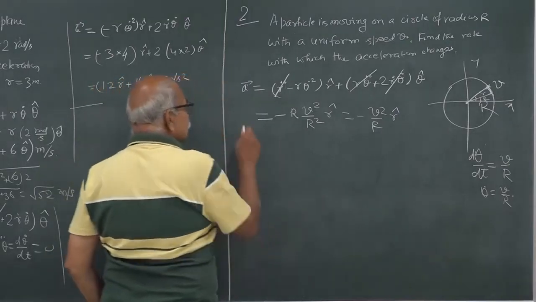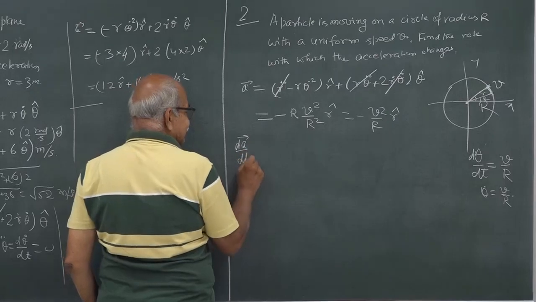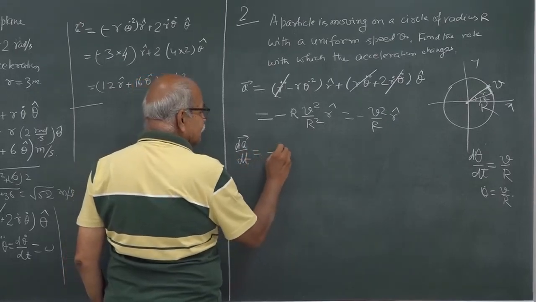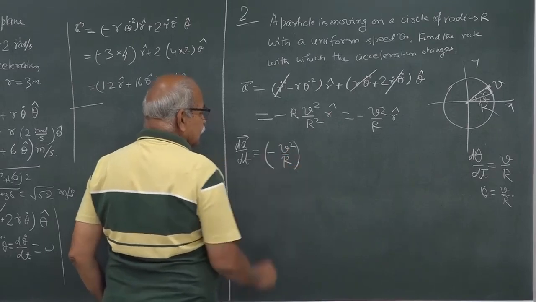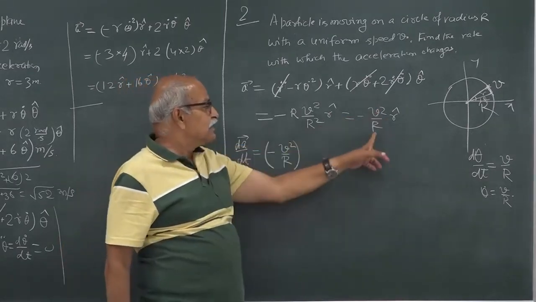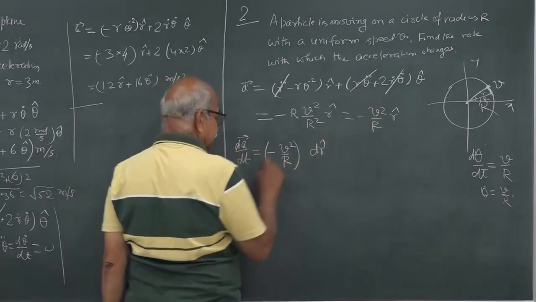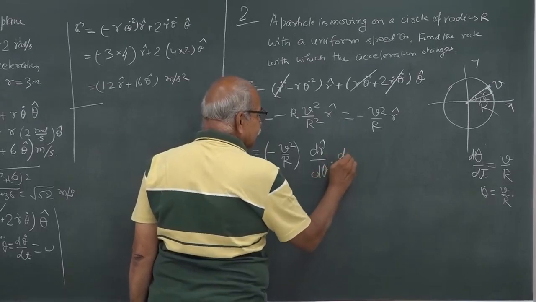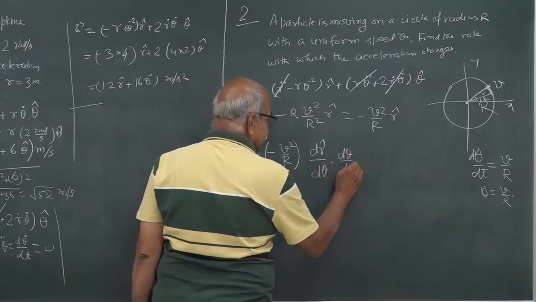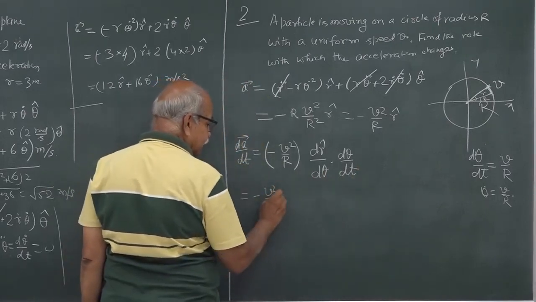Now comes rate of change of acceleration dA dt. So, minus v square by r is constant, right, minus v square by r is constant, r cap. So, this is dr cap dt, which is dr cap d theta, and then d theta dt, which is minus v square by r.